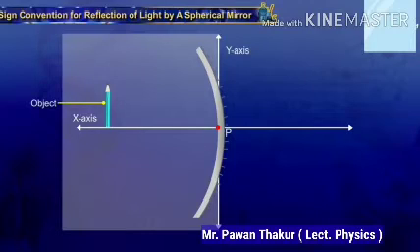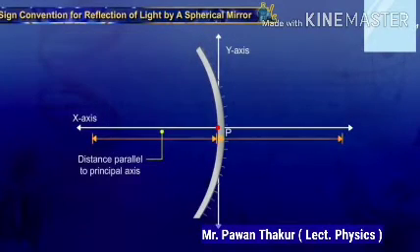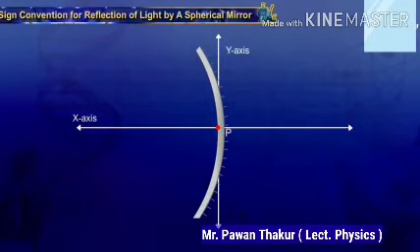This will be the distance towards the right side, which is taken as positive, and the distance toward the left side of the spherical mirror is taken as negative.